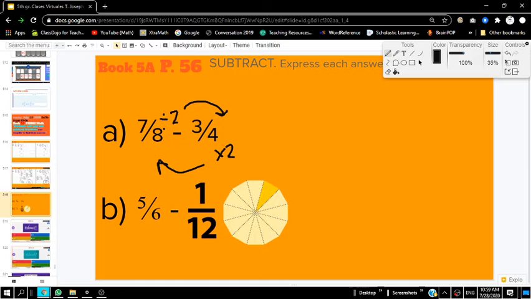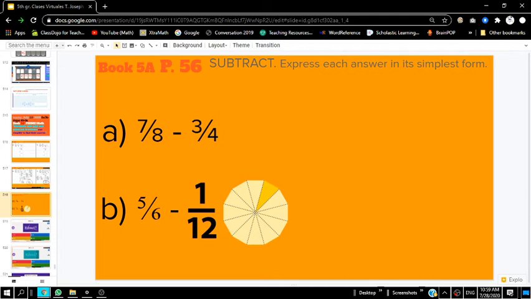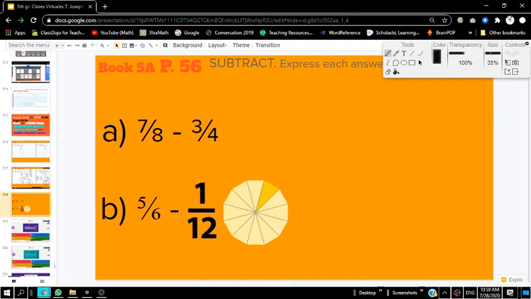But I see here that 7 doesn't divide easily by 2, so it's probably better that we multiply. Let's try that instead. We're going to multiply the 4 in the denominator by 2 and the 3 on the top by 2. Okay, let's try that. 4 times 2 and 3 times 2.